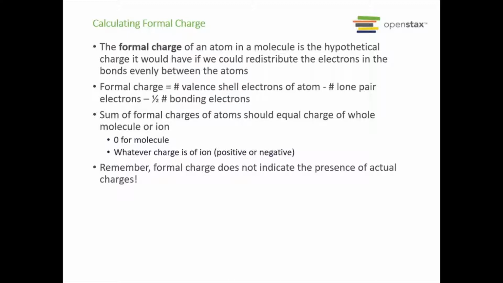But if you have a charged ion, for instance, -1, it should overall equal -1. If the ion is overall +2, your overall formal charge is +2. Again, remember, formal charge does not indicate the presence of an actual charge on the atoms themselves.